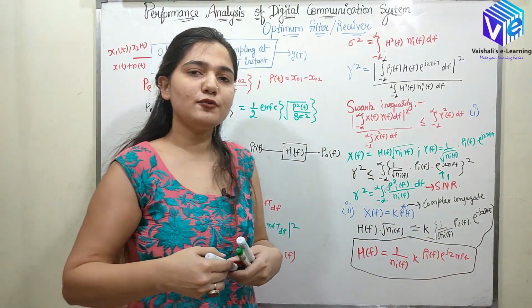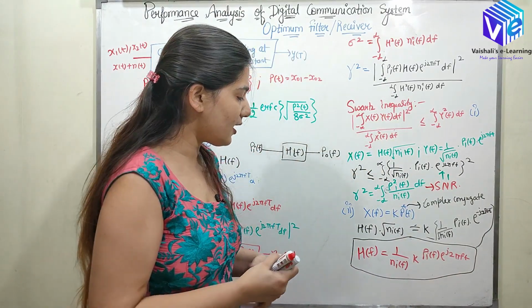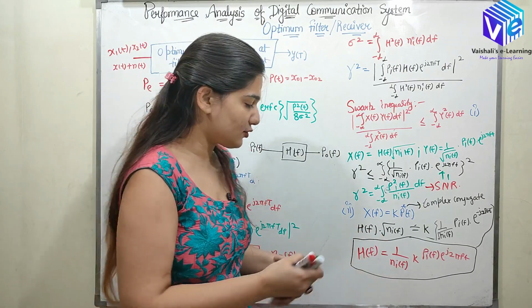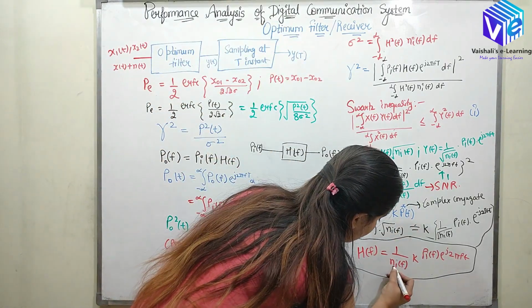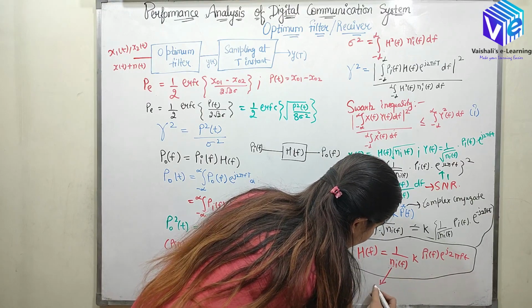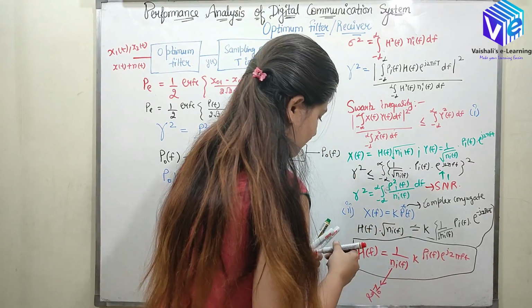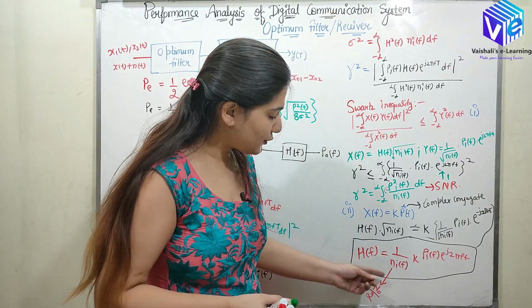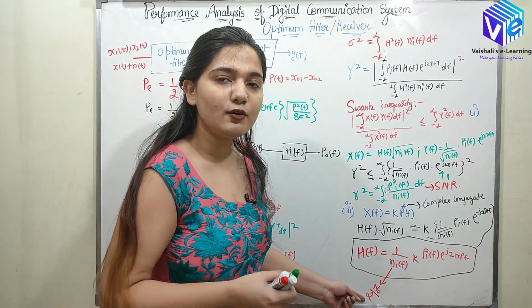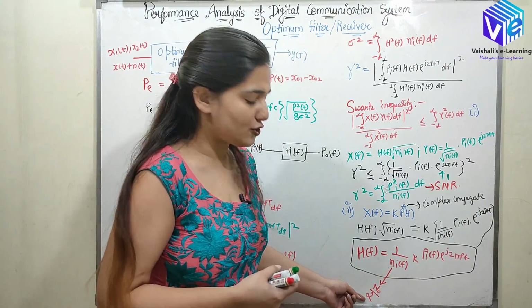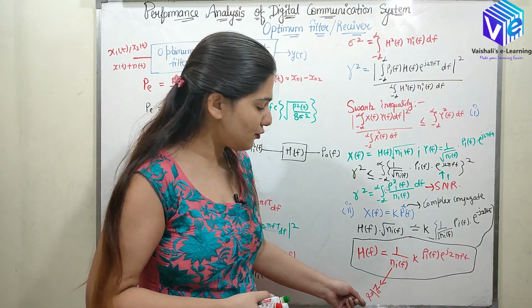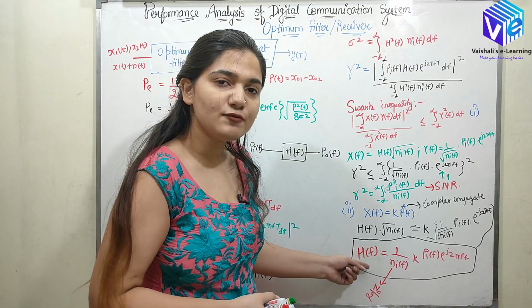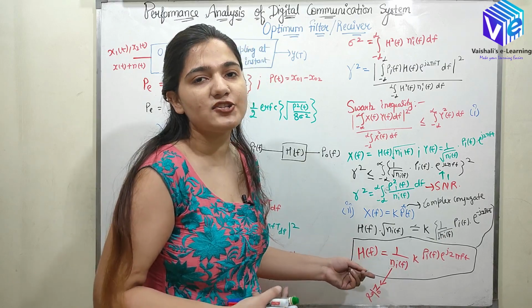I hope now you are clear with the transfer function. Now this is my optimum receiver. Now when I took Ni(f) to be the additive white Gaussian noise, which has the power spectral density equal to N0 by 2, that time this would be the transfer function of the matched filter.